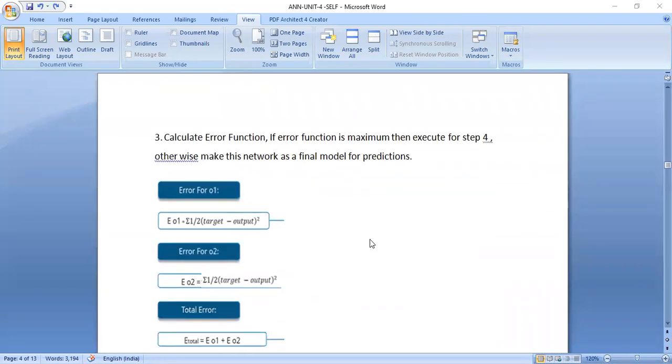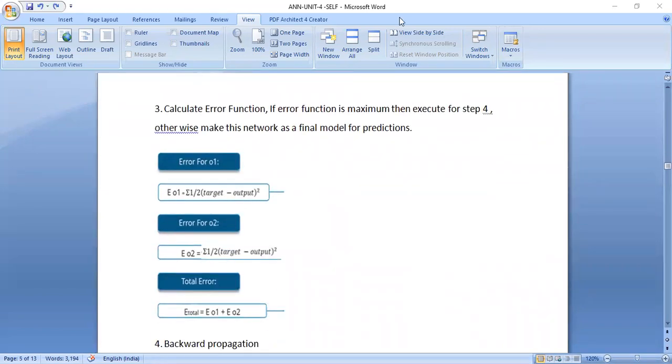For that, here the step 3 is, what is the step 3? We have to calculate error function. Okay, if error function is maximum, then execute step 4.